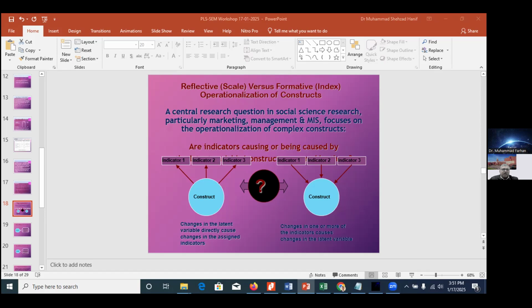Can you please write it down again? Okay. In formative constructs, different indicators combine to make that latent variable. So direct means the independent variables have an effect on dependent variables.